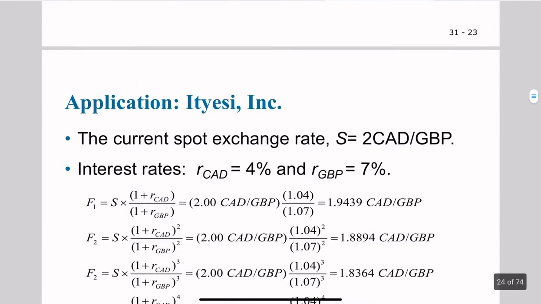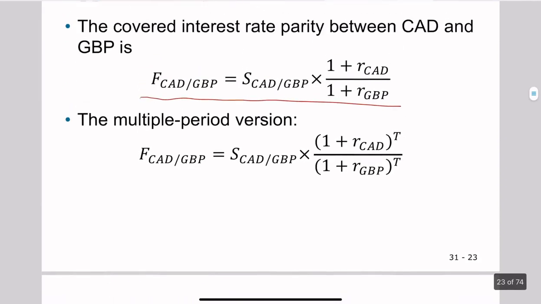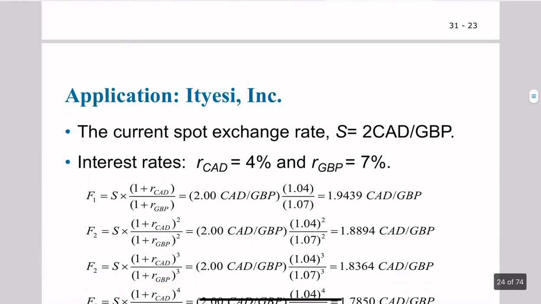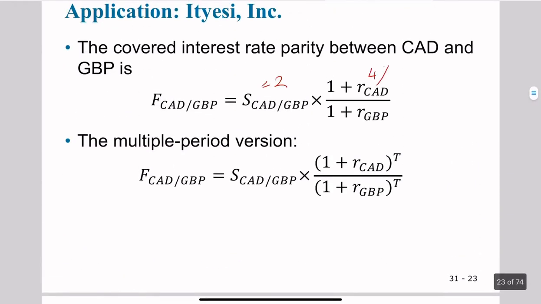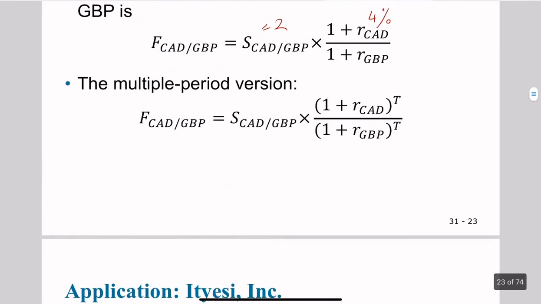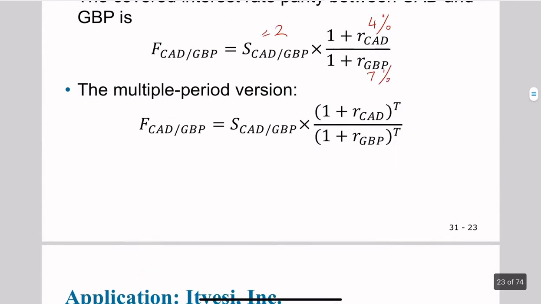Okay, so now let's assume the current spot exchange rate, this guy here, is 2. And then we assume the interest rate in Canada is 4%, and the interest rate in the UK is 7%.